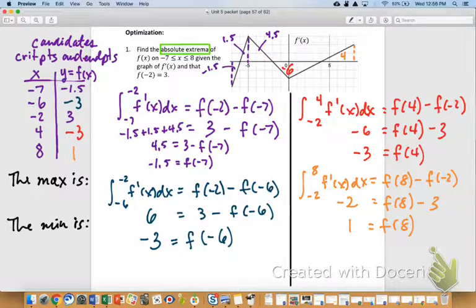So I tried to color code it as best I could. So maybe we should go through. Do you guys agree with -6, -3?